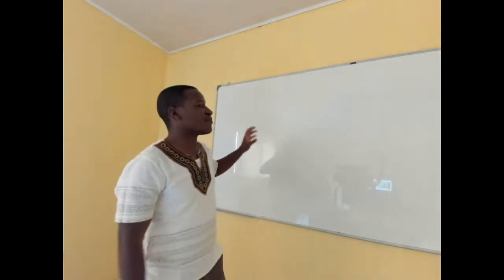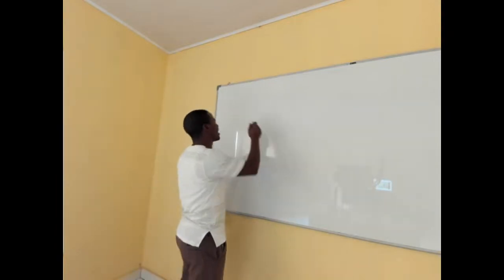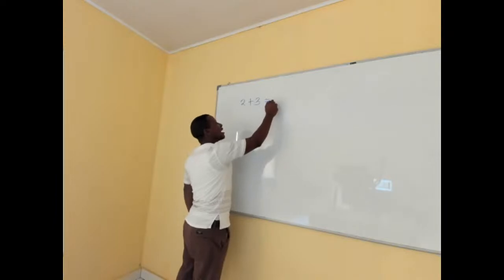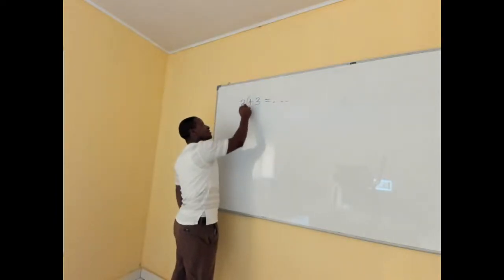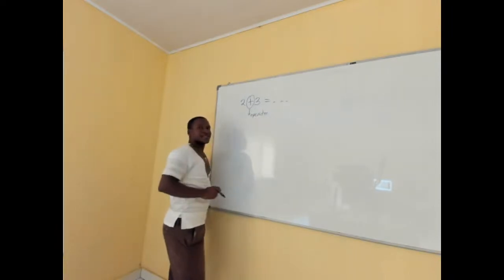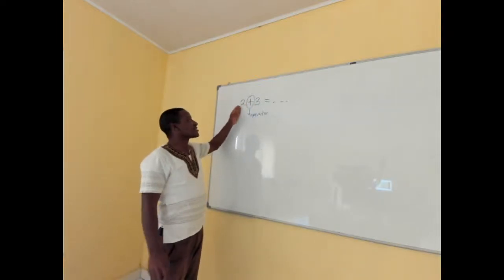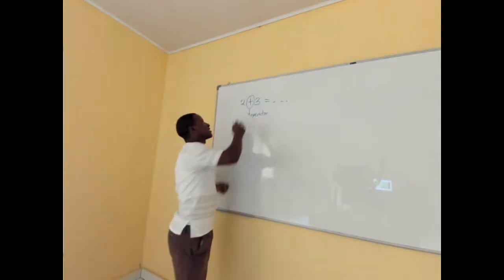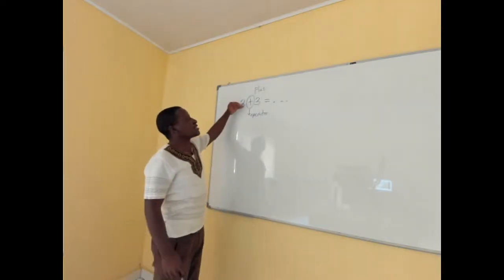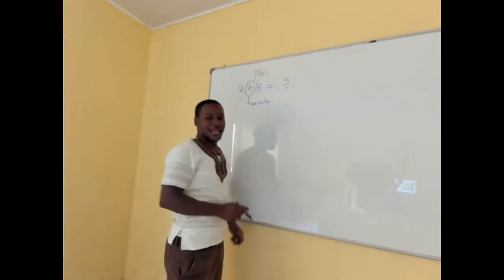Like I gave you an example in the morning of a plus sign where we said 2 plus 3 is equal to an answer somewhere here. This we said is an operator. So this operator is going to operate on these two numbers, and in this case this is a plus sign, which is an operator called plus. So this plus operates on the two numbers to give us the result, which is 5, as simple as that.